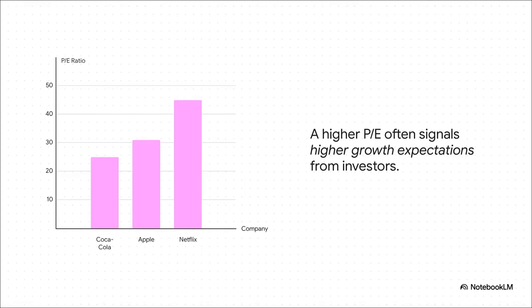Look at a super stable company like Coca-Cola with a PE of 25. Then you've got Netflix, which gets a much higher PE of 45 because everyone's expecting huge growth. Apple at 31 is sitting right in the middle. This tells you the PE isn't really about the past. It's a barometer for what the market expects for the future.